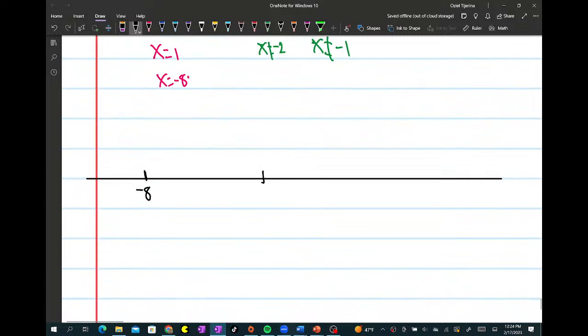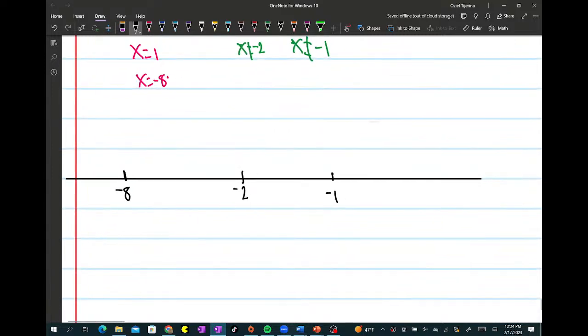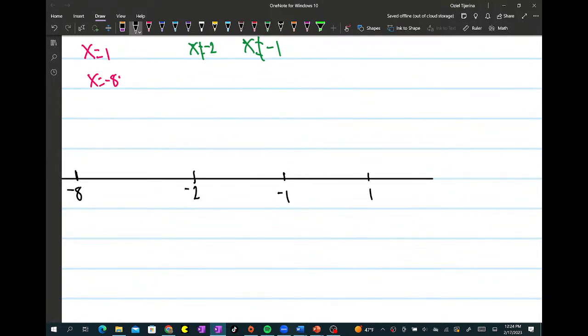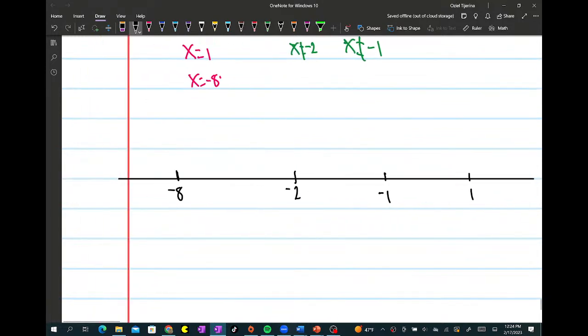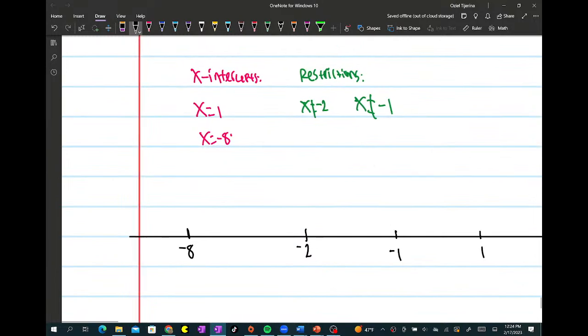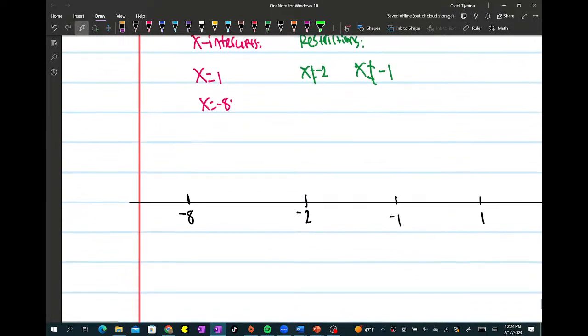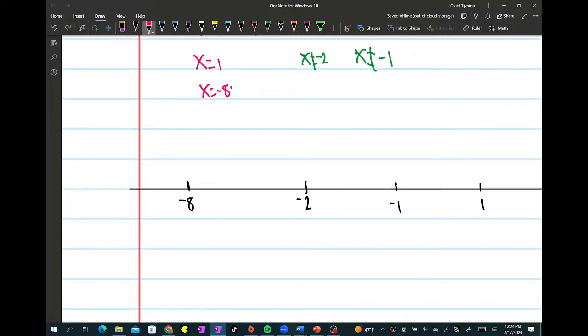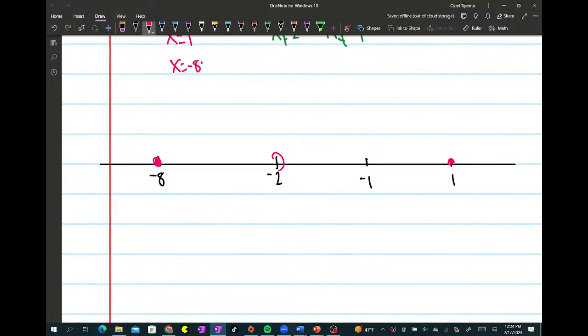We go then to negative 2, and then to negative 1, and then to 1. So 1 and negative 8 are included in the interval, and negative 2 and negative 1 are not.